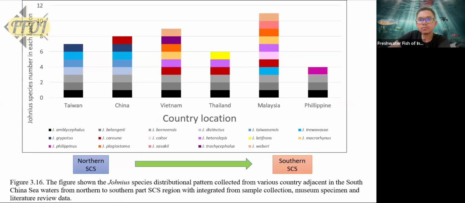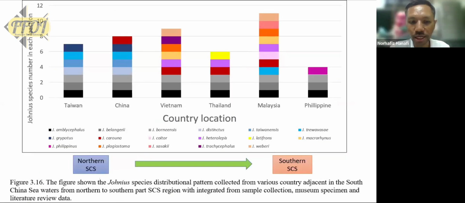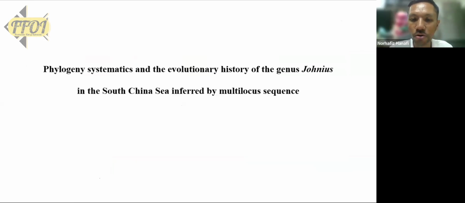But okay, I tambah sedikit lagi, why we can understand from northern to southern, the diversity is increasing. You see, Taiwan, China, Vietnam, tapi bila ke Thailand, Malaysia, Philippines, dia more higher diversity. So it's correct, it's related to the before.